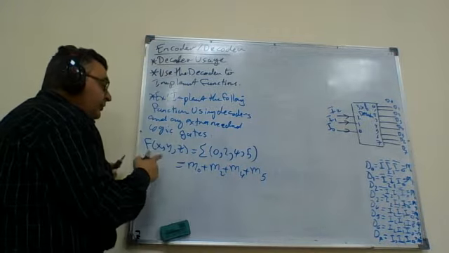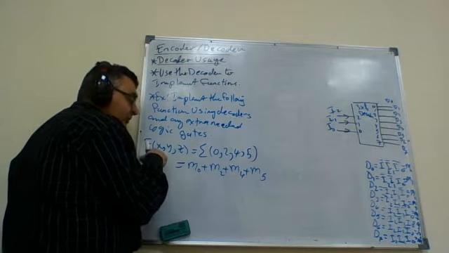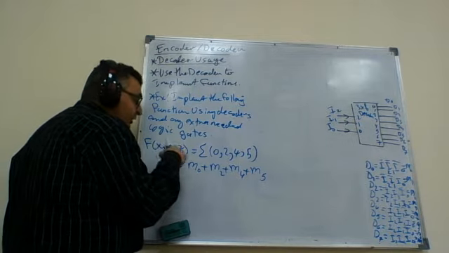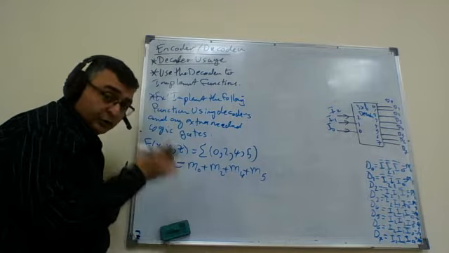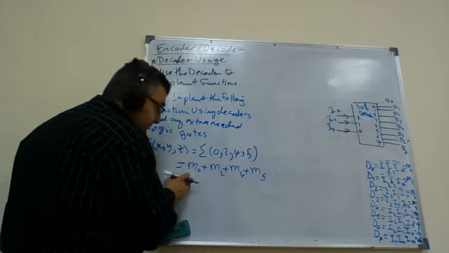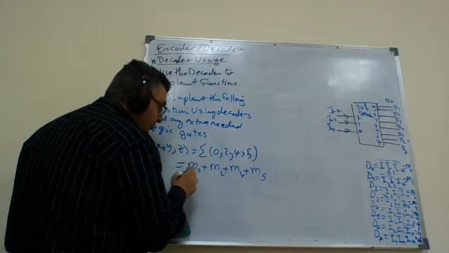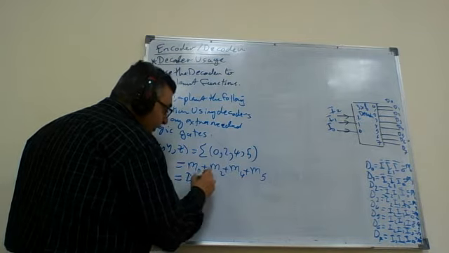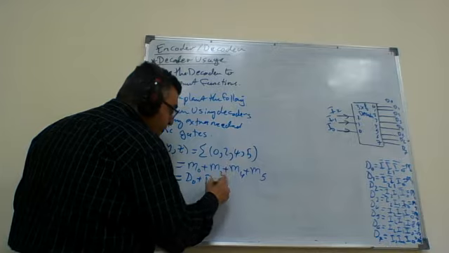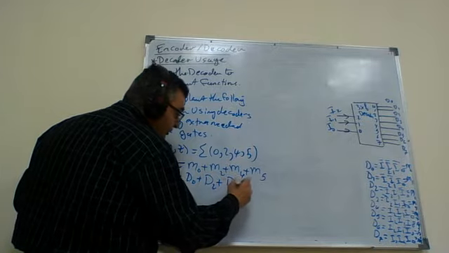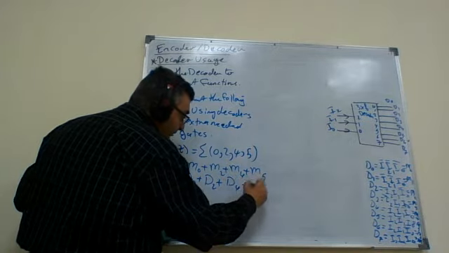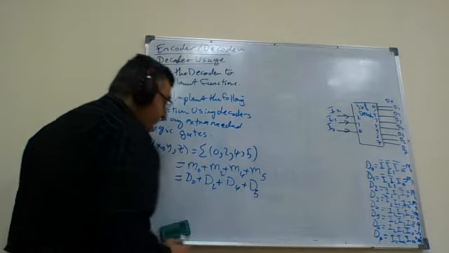If I use the inputs of the decoder as x, y, and z in order, then M0 is D0, M2 is D2, M4 is D4, and M5 is D5.